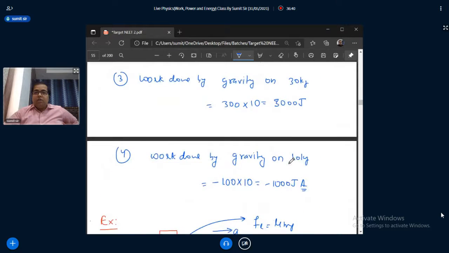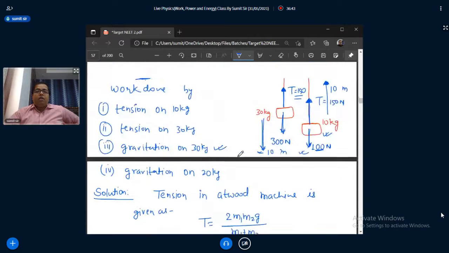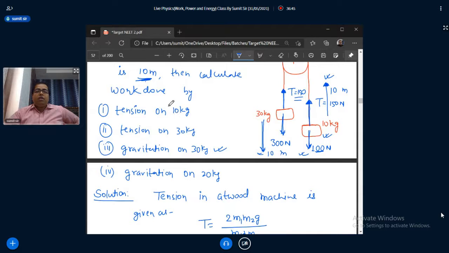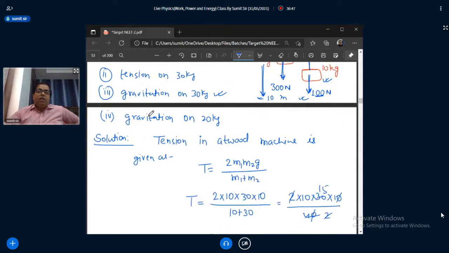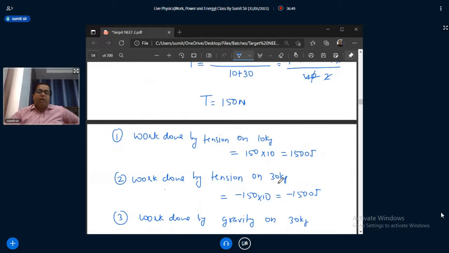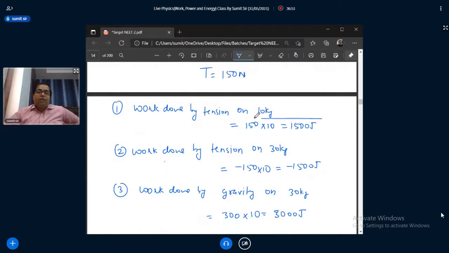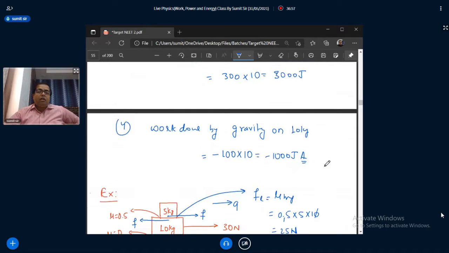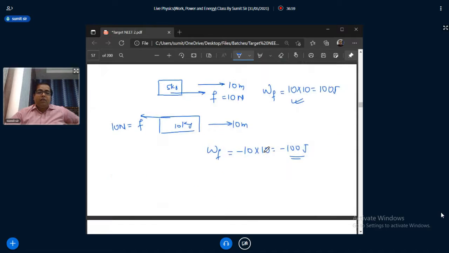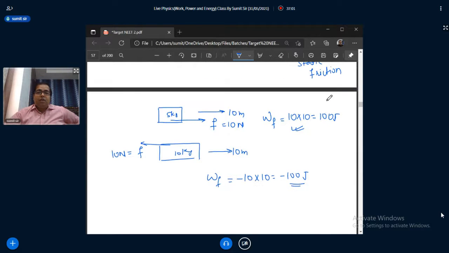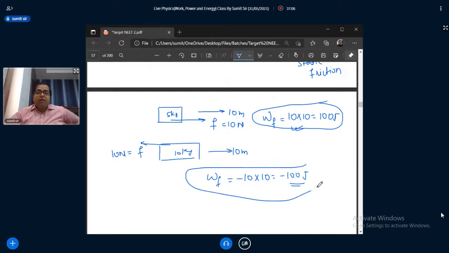And one more concept is that you see here the work done by tension in both the cases has the same value. One is plus and the second one is negative. It's an internal force. Here we also see work done by friction is plus 100 and minus 100 joule.